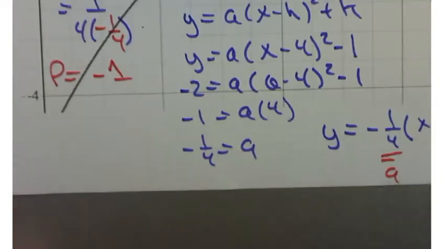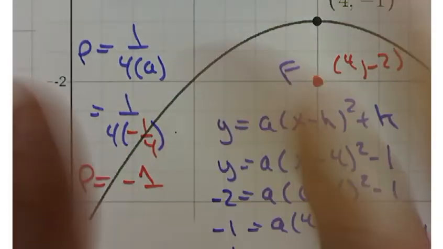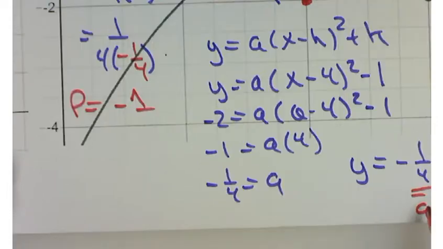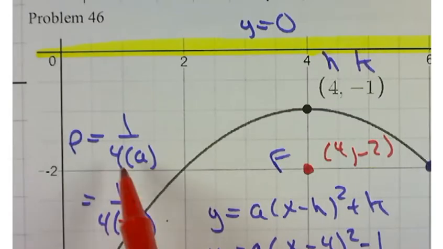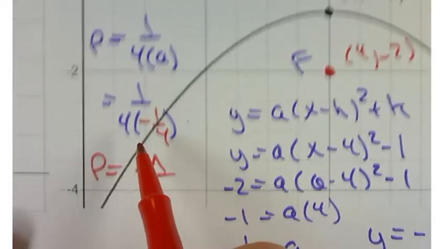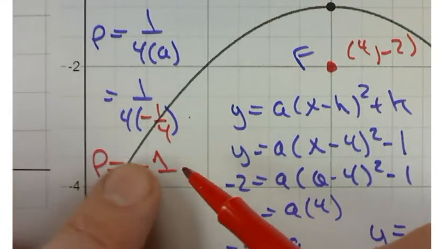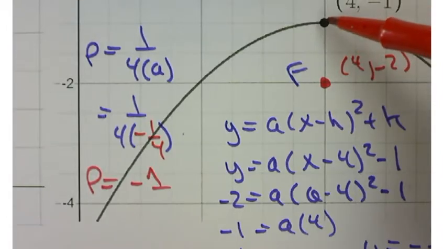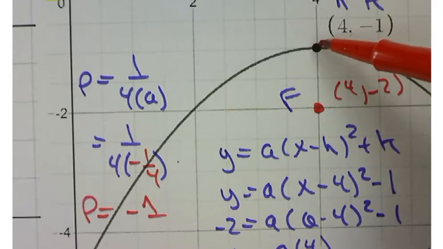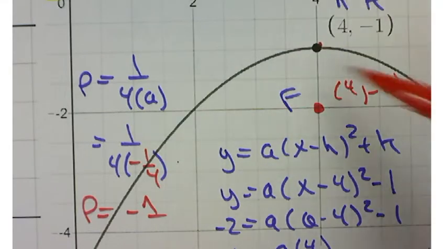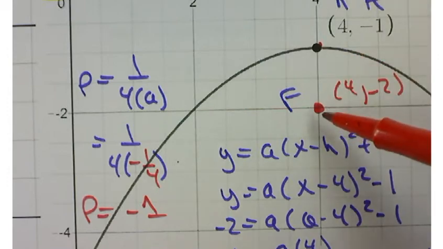Oh, thank you. I'm sorry. Yeah, sometimes I tilt this, and so when it's underneath here, it's not pointing at the right thing. Thank you. So we figured out that A was 1/4. We put it in here to find P. P turned out to be -1. You can just keep in mind that P is 1. So a distance of 1 from the vertex means you're going to go down so that your parabola envelops, or the focus is inside the parabola.